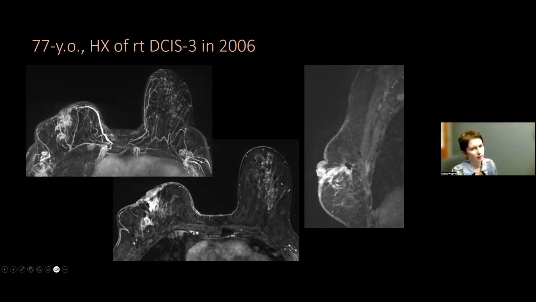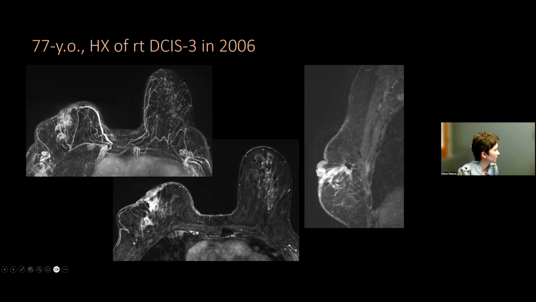This is her MRI. She just happened to have an MRI. We did not really order it to work up our CEM findings. She came with it from an outside facility. And we see that it's a very similar presentation on this maximal intensity projection post-contrast image.